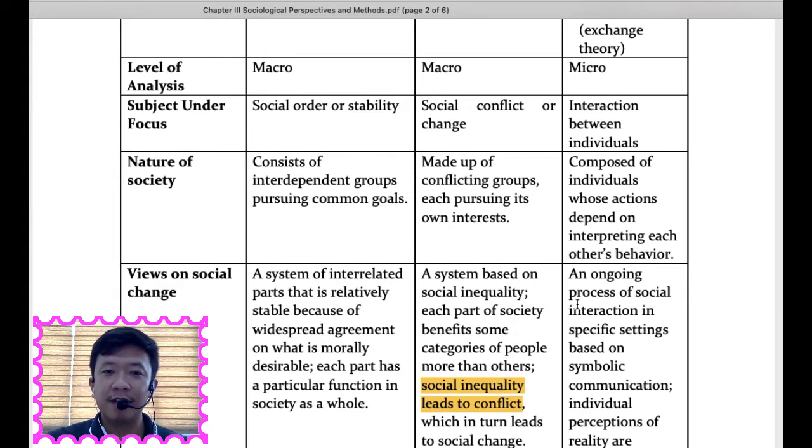Yung symbolic interactionism naman ay ang lipunan ay binubuo ng pagmi-meaning making ng tao. Okay? Nakadepende ito sa pag-interpret ng tao. Okay? Nakadepende ito sa pagpapahalaga, the valuing and the interpretation and the meaning making that people will have of certain events, no?